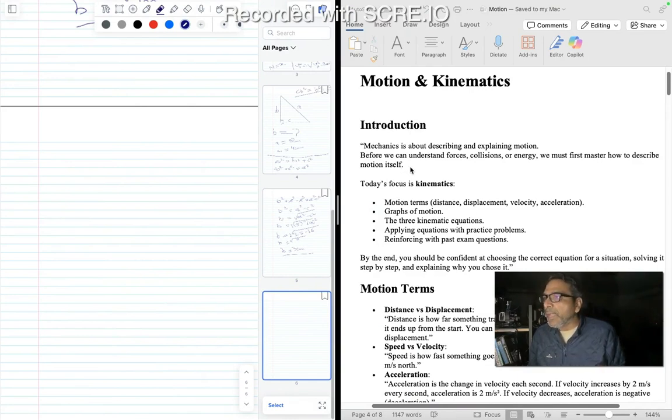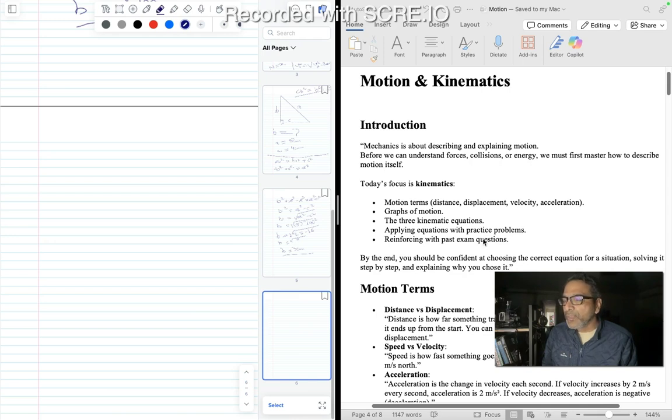Today we will look at motion terms: distance, displacement, velocity, acceleration, then the graphs of motion. The graphs of motion haven't been asked in any past exams, but still we should know about them in case they appear. Then we will see the three kinematic equations, apply them to practice problems, and reinforce with past exam questions.